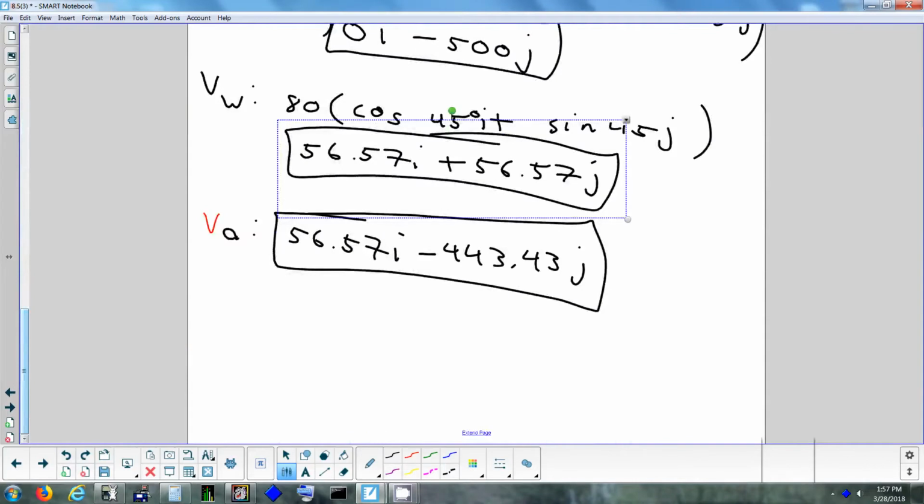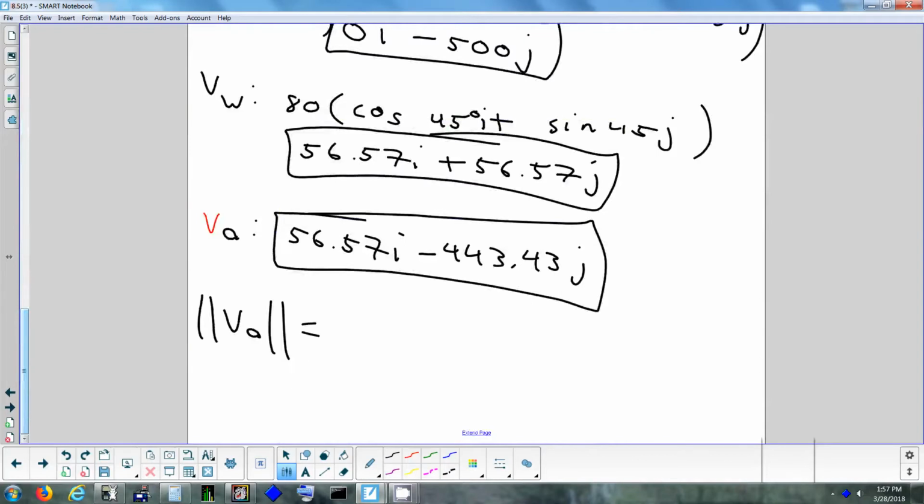The speed is part of V sub A. What would I have to find with V sub A to get the speed of the plane? Because that's its velocity vector, but I want to pull the speed out of that. So what's another word for the speed? You have to find the magnitude. The magnitude. That's what I need.